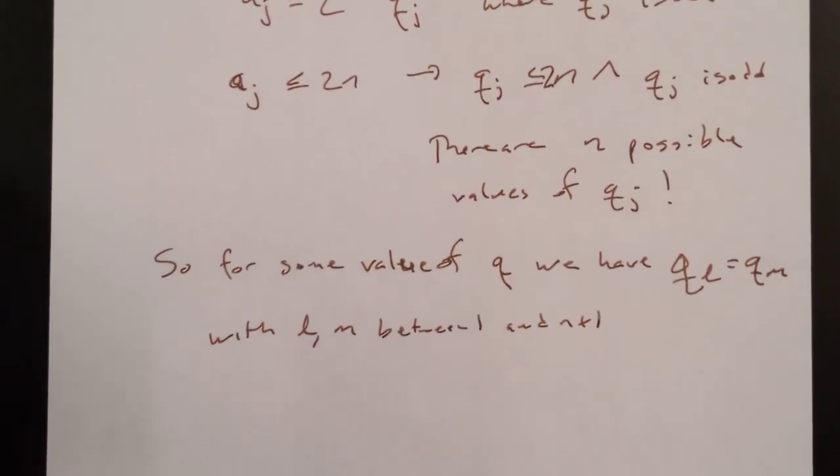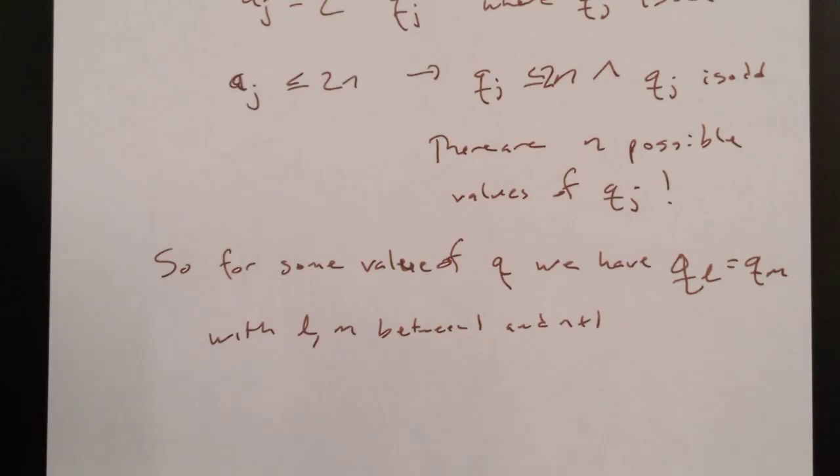At least 2 of my numbers have to have the same odd part, right? Because there are only n choices of odd parts, and there were n plus 1 numbers. There's my pigeonhole principle.